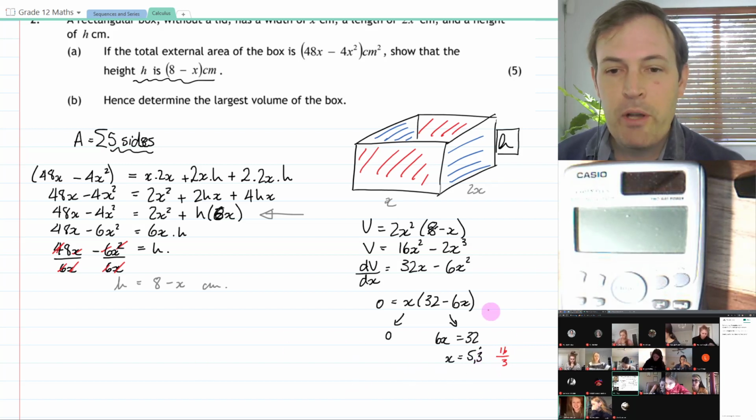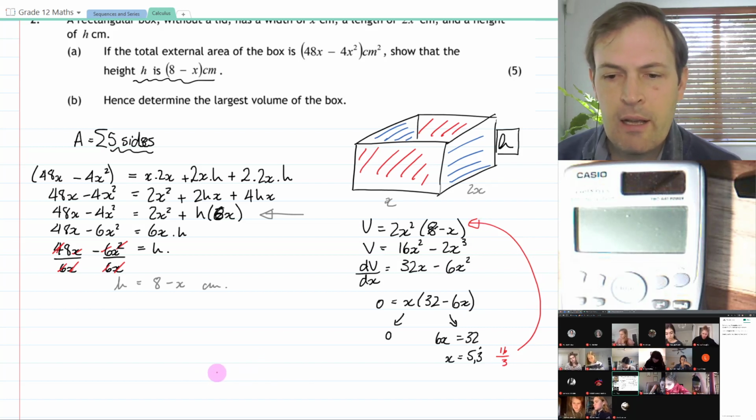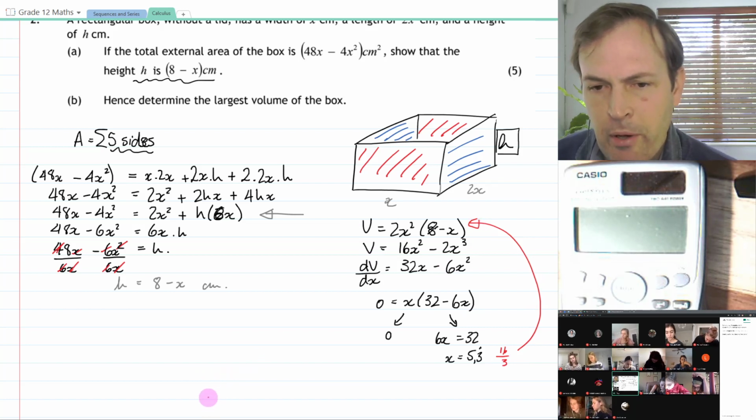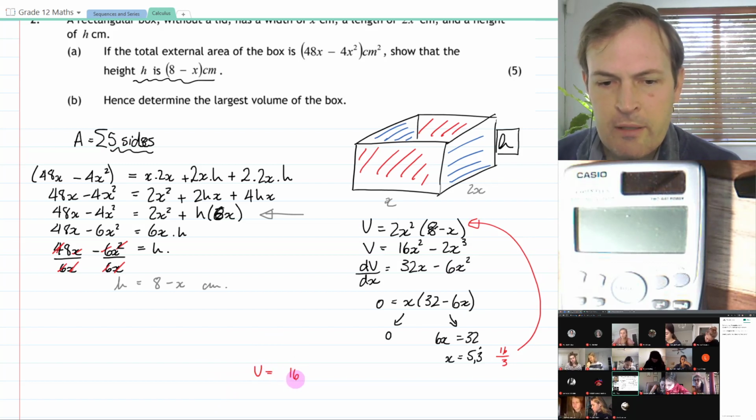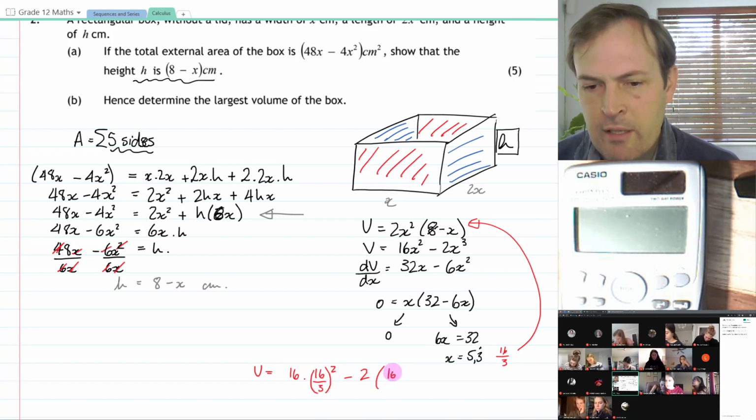Okay. So look, at that point, you've now got to take this and work out what your volume is. So that's going to get a little bit nastier, I suppose. Your volume is equal to 16 times 16 over 3 squared minus 2 times 16 over 3 cubed.